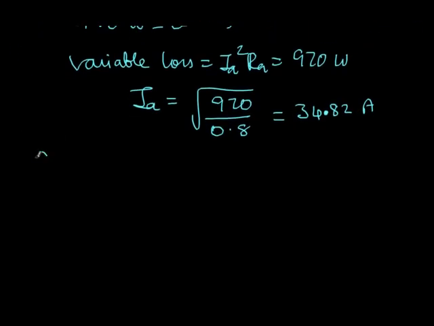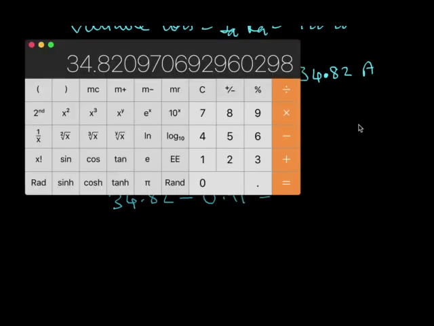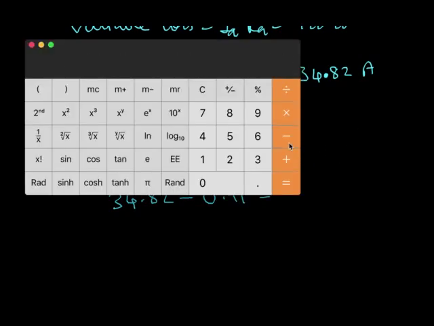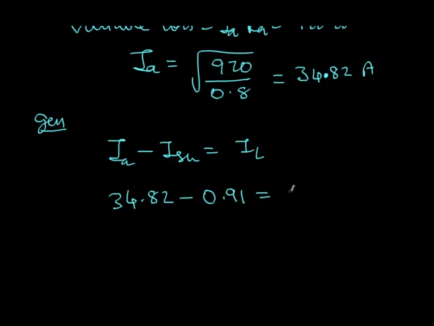Now under the generator operation, again you know that armature current minus shunt current is nothing but the line current. So 34.82 minus shunt current, which is 0.91 as we already know, that will be 33.91 amperes.